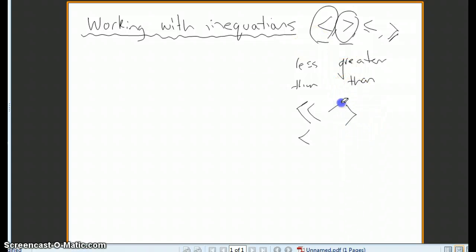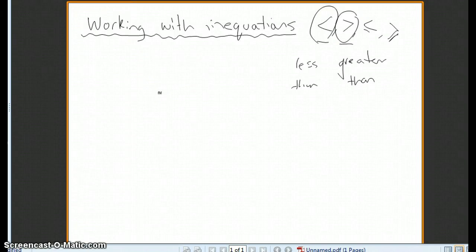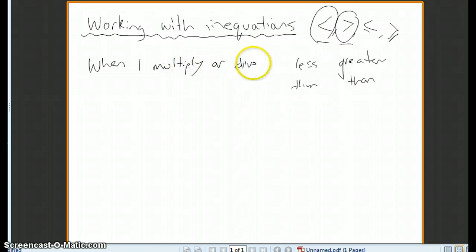So as I said, it's identical to solving equations that have an equal sign, apart from one catch. The catch is, when I multiply or divide both sides by what?